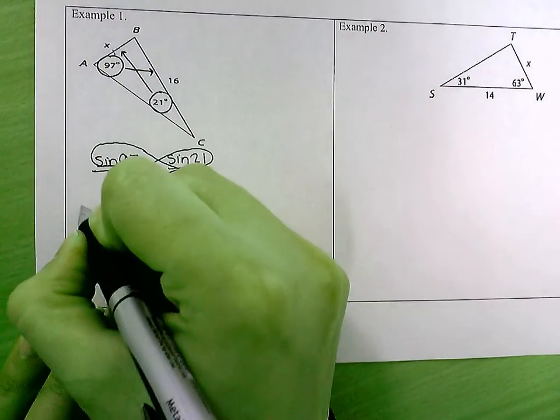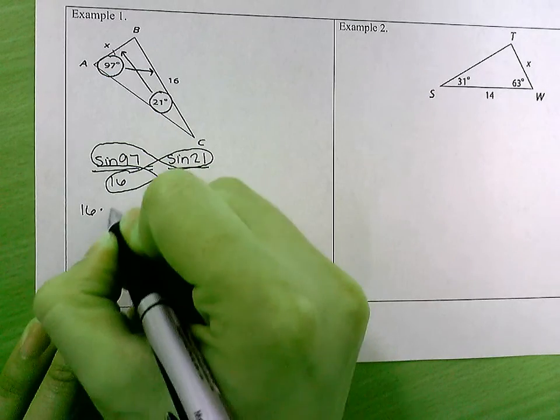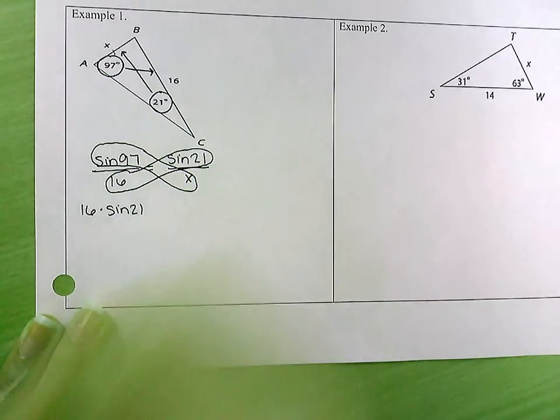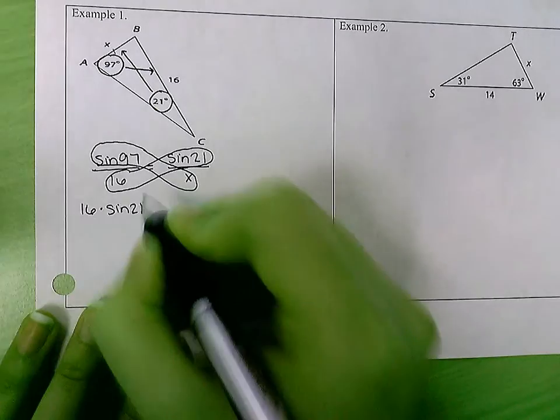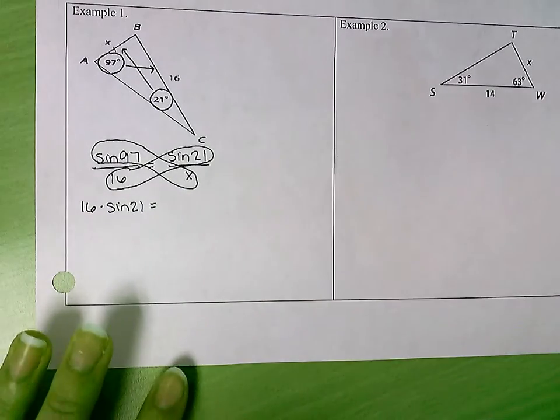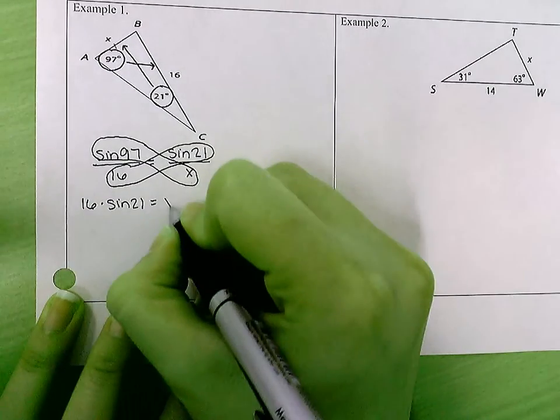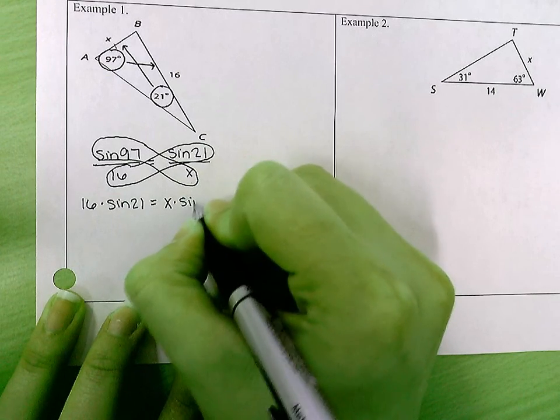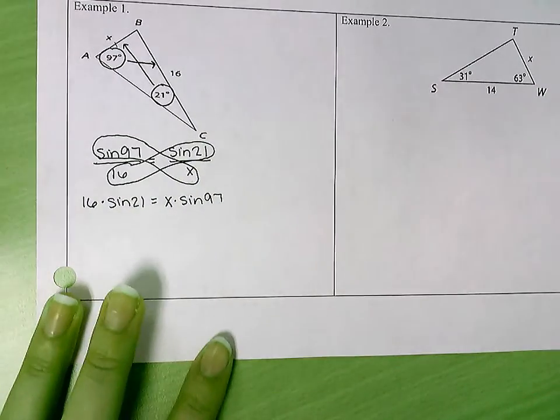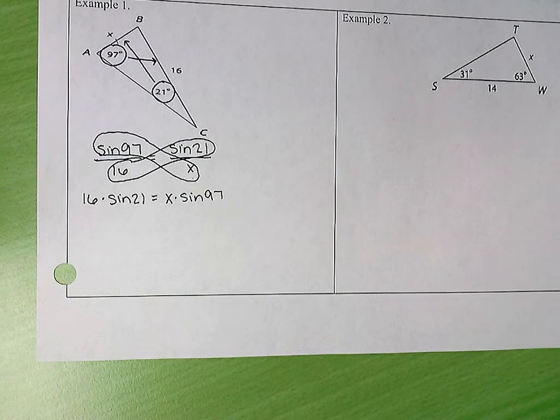So 16 times the sine of 21 will be equal to x times the sine of 97. Just like before, do not multiply 16 times 21. That angle needs to stay the angle that it is.